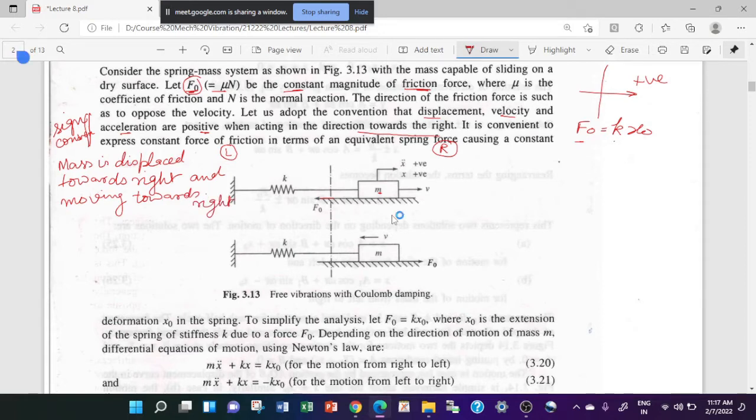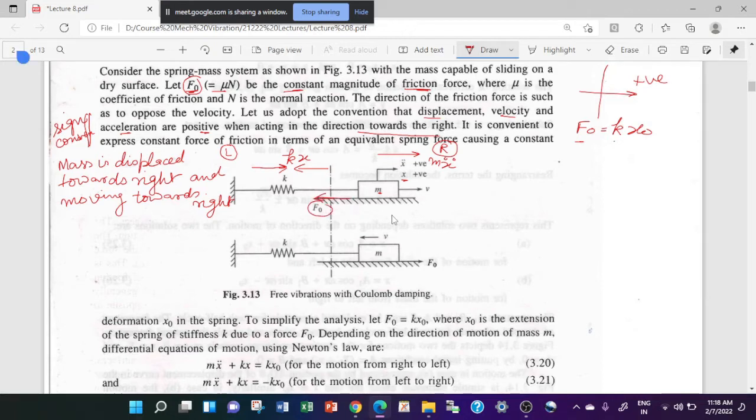So I am displacing it by x. So your spring will be under tension externally, or internally this will be compressive. This is your kx. Then you are having an accelerating force. This is your mx double dot. Then velocity is in this direction. So you are having a frictional force F naught in this direction.